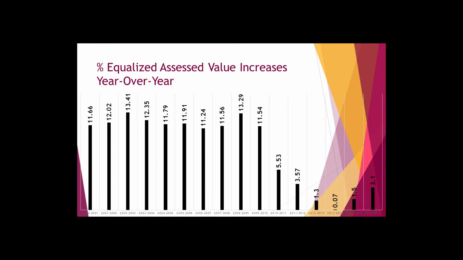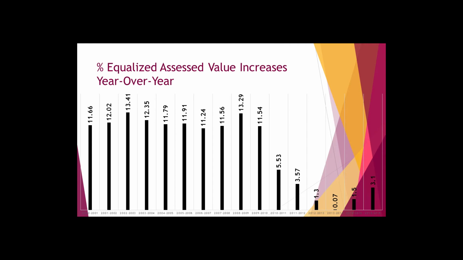This chart shows our equalized assessed value increases year over year. So these are percents. So from 2000 to 2010, we increased at 11% or more every year our property value did. That meant we were bringing in that much more money every year in property taxes and revenue for the district. Then starting in 2010-11 year, it dropped down to 5.5%, then to 3.5%, then to 1.3%.